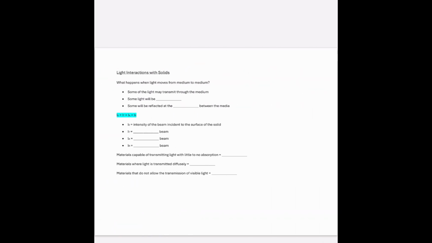All right. And now we're moving on to light interactions with solids. So, what happens when light moves from one medium to another? Some of the light might just transmit right through the medium, which we'll talk about what that means down the bottom of the page, but I feel as though we all have a pretty good hypothesis as to what that's called.